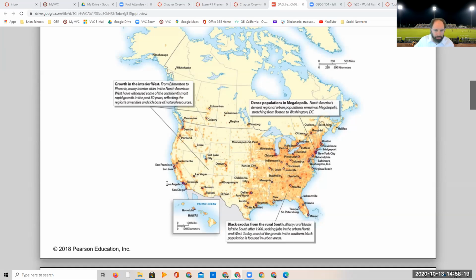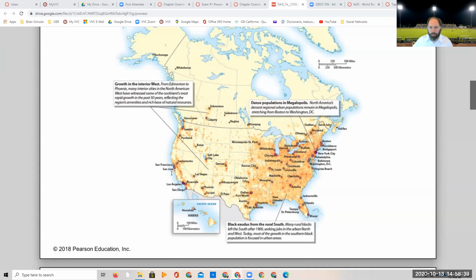Okay, we have a lot of natural resources which help, the amenities, especially along the coast, the climate, the dry climates, the wet climates in the Northwest. These are attracting people from all over the world, not just the East Coast, but all over the world.